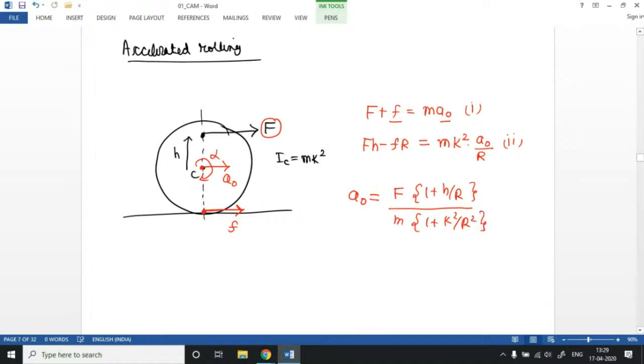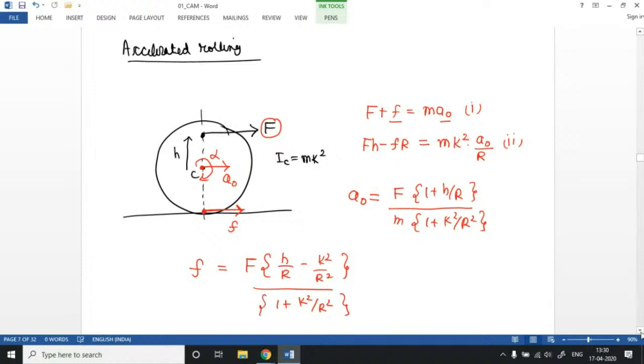Once we substitute the value of a naught in equation number 1, we get the value of friction as well, and this friction turns out to be F times h by R minus k square by R square, divided by 1 plus k square by R square.